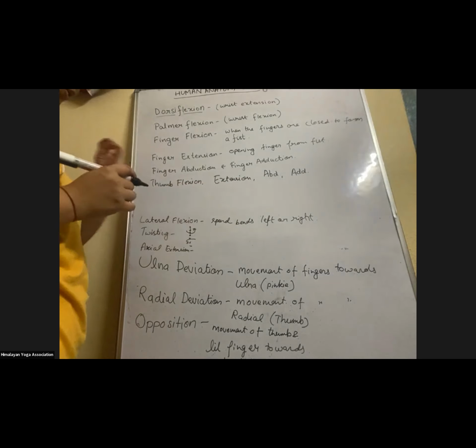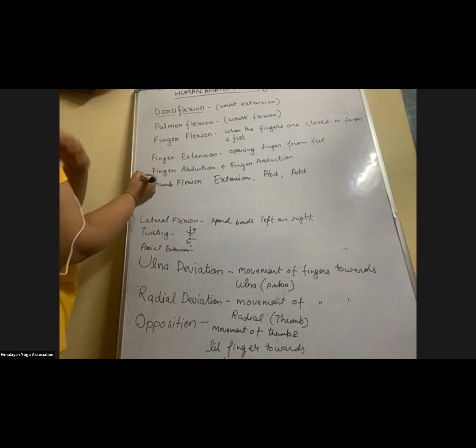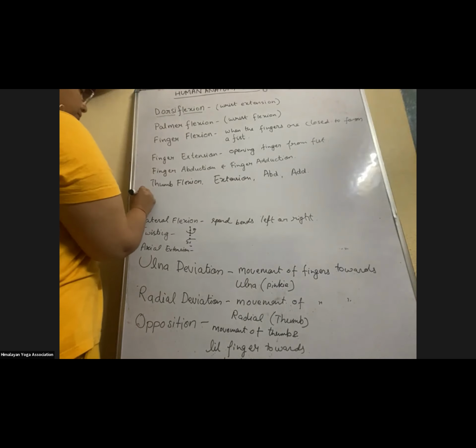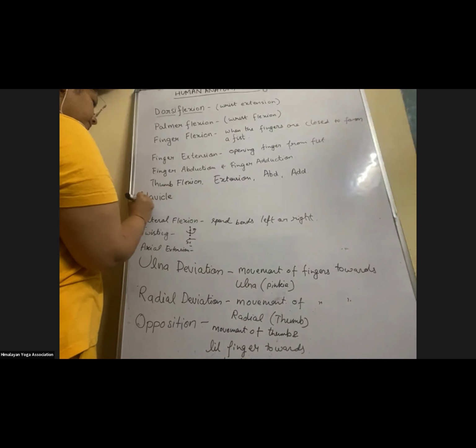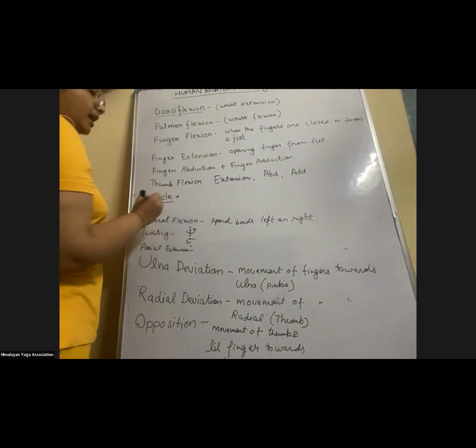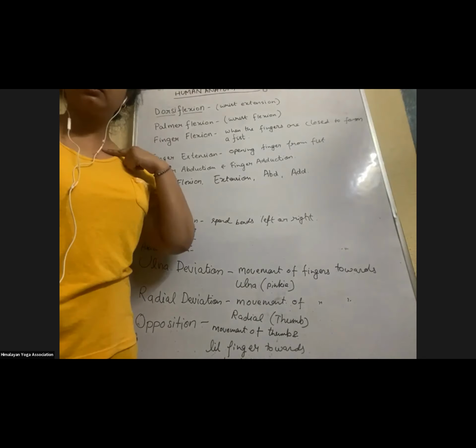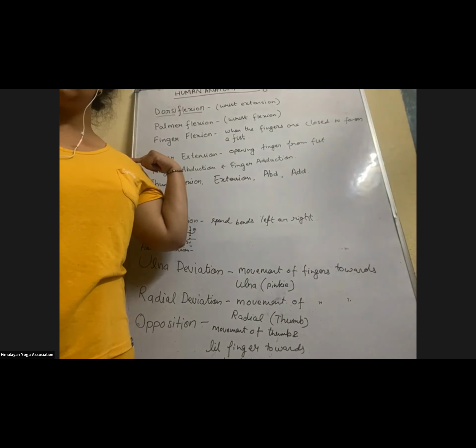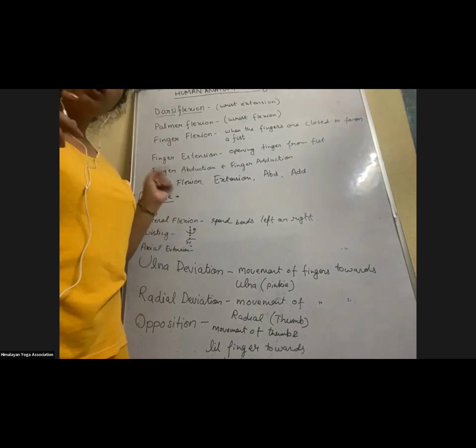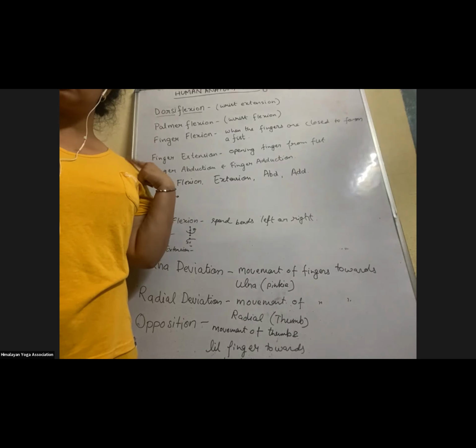Now we are moving to the shoulder joint, clavicle. There are some movements in the clavicle. You see here, this is the collarbone, and this is the end of the collarbone. We are defining all the movements with respect to this end.